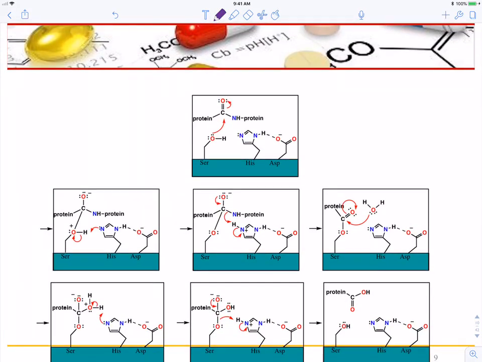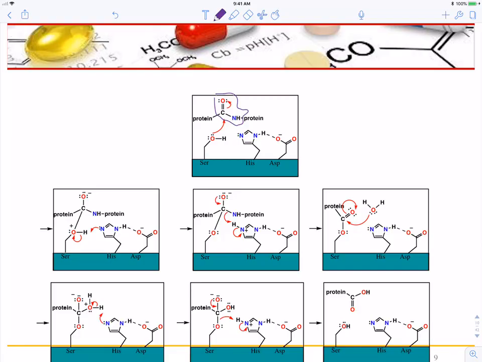Chymotrypsins are proteases, and so they will break this amide bond in a protein. This happens by first having the nucleophilic attack of a serine on the carbonyl of the protein, and so the protein is held in place by the rest of the enzyme.